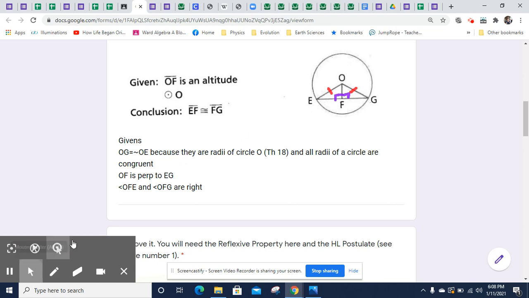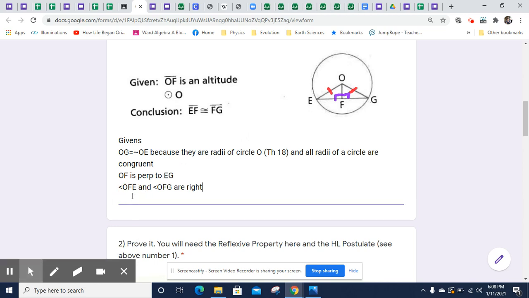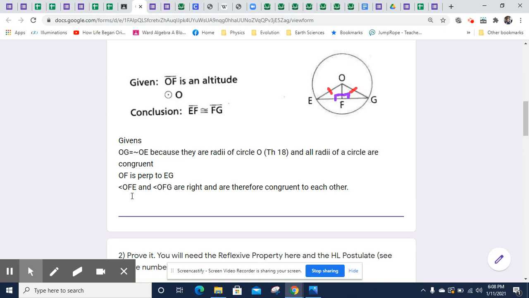And then we can say that they are therefore congruent to each other. We have the same measure. All right angles are congruent. And then we can also say that this leg here is congruent to itself. Actually, we don't really need to say they're congruent to each other.